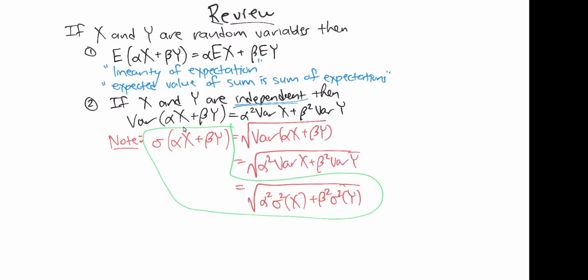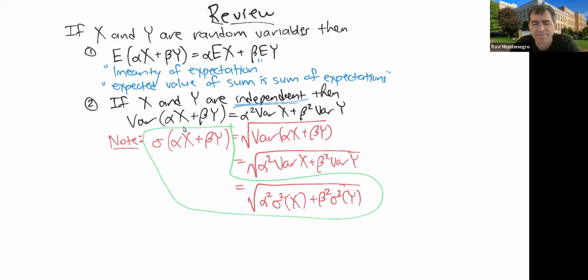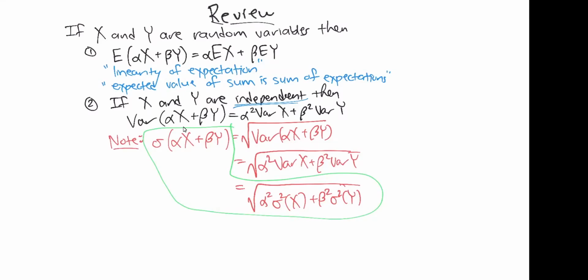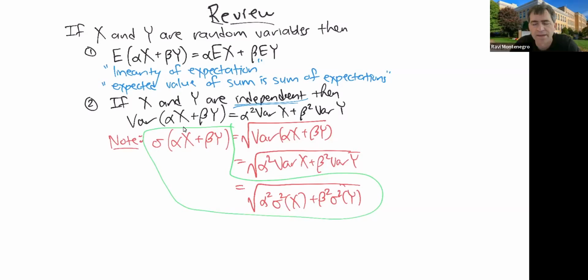Excuse me, Professor. For sigma squared of x and sigma squared of y, is that like sigma x all squared? Yes, sorry. So that would just be this standard deviation squared. Correct.